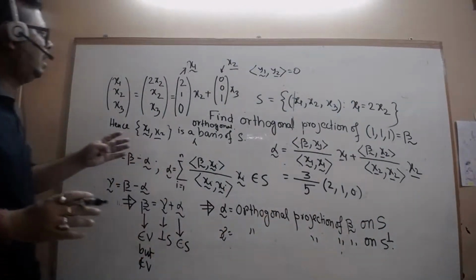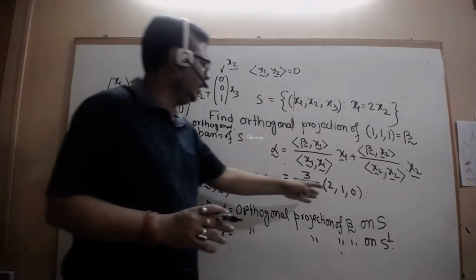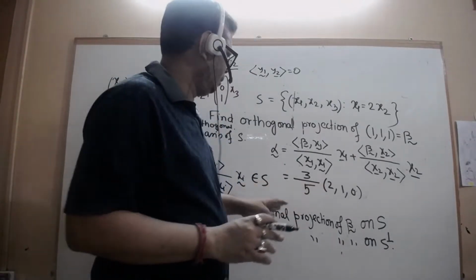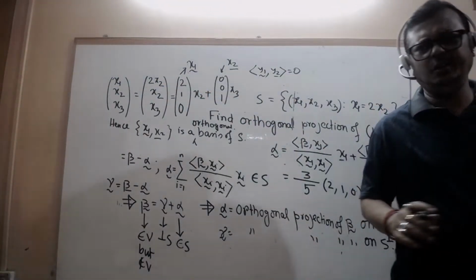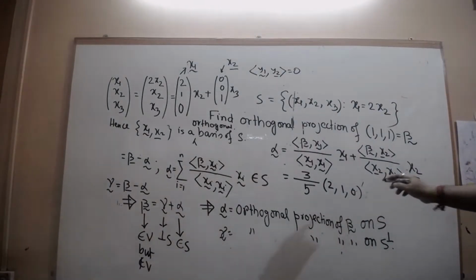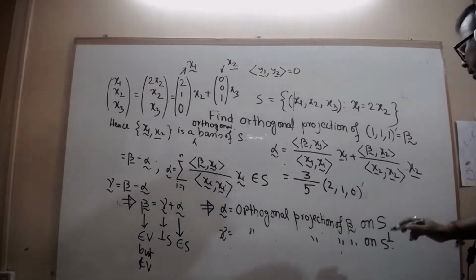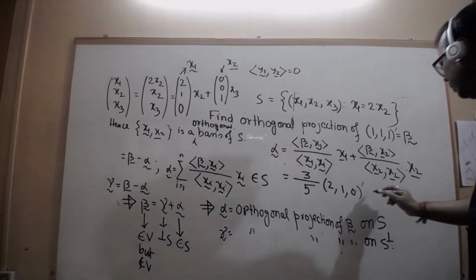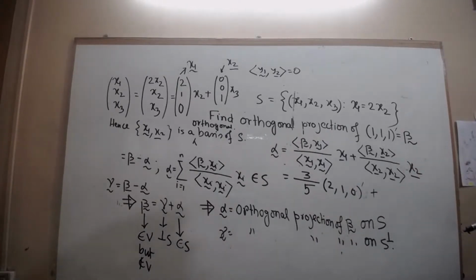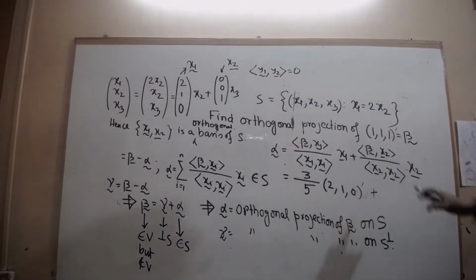So you can write this as a column vector or row vector, but you should maintain the uniformity. Because of space, I just write this vector as a row vector, and I use also prime, so this is no problem. So beta curl x2 curl means x2 curl is 001 and beta is 111.